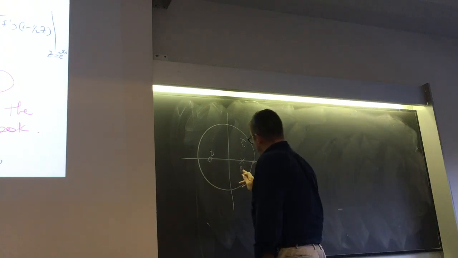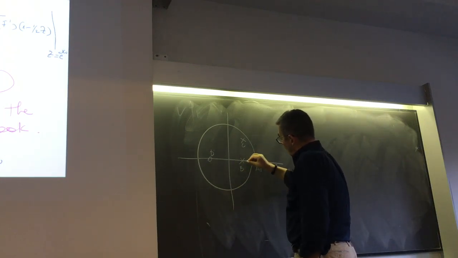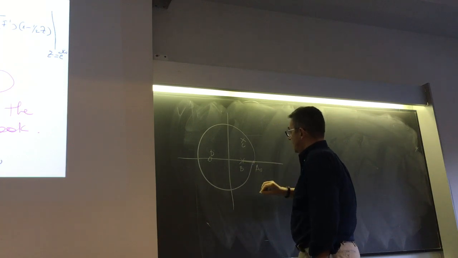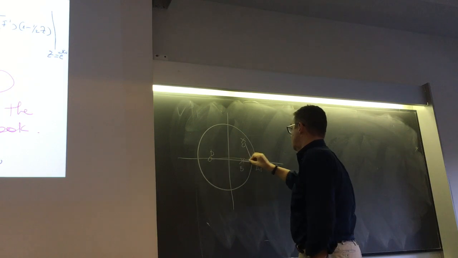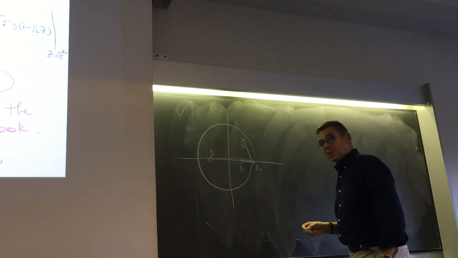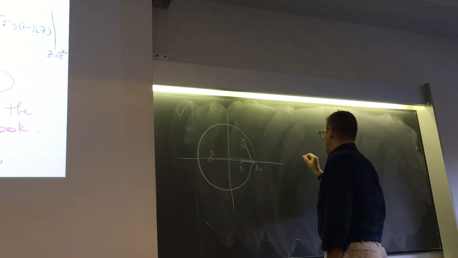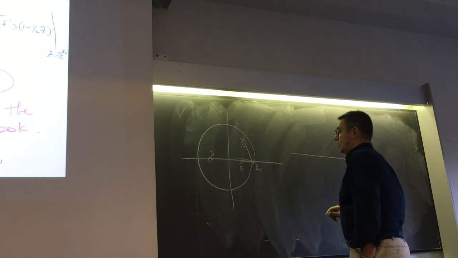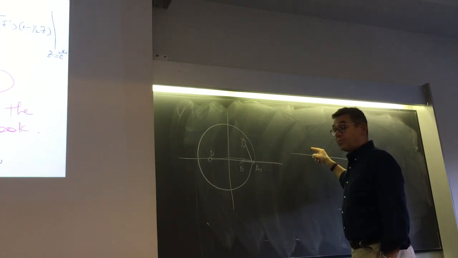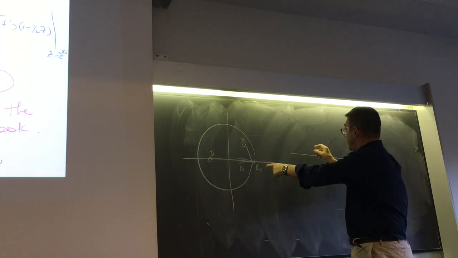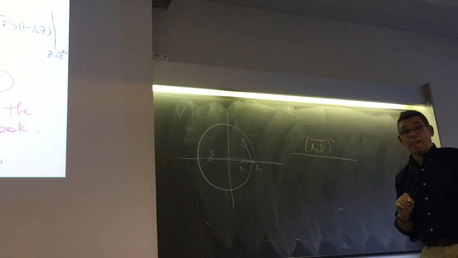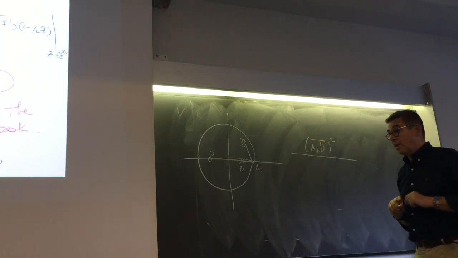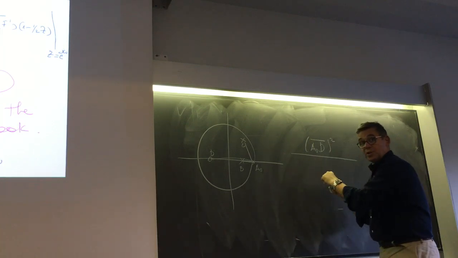Now this one is a zero, this is a pole. So I compute this distance, then I compute the other distance, then I compute these elements. My power spectral density in this case would be: the zeros are A0 to B, the distance squared, because it's a zero. For the pole, it goes in the denominator.